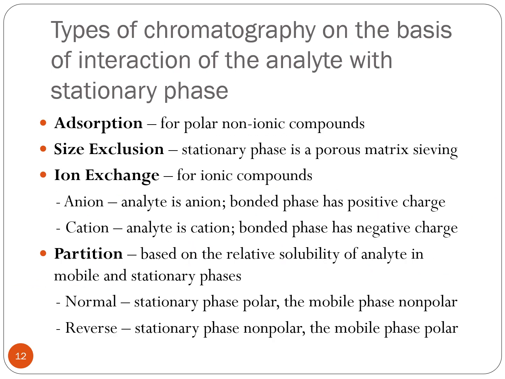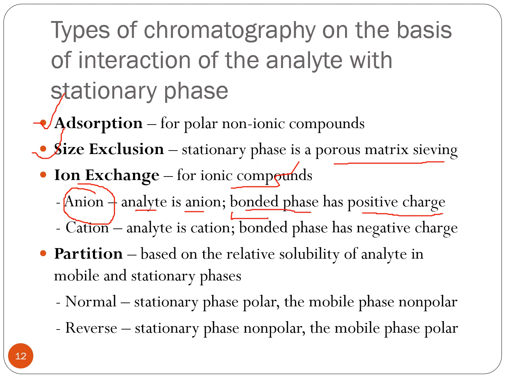Okay, type of chromatography on the basis of interaction of the analyte with the stationary phase. Okay, untuk adsorption for polar non-ionic compound. Untuk size exclusion, the stationary phase is a porous matrix sieve. Untuk ion exchange adalah untuk ionic compound. Okay, untuk anion exchange, analyte ataupun sampel kita adalah anion, and then the bonded phase has positive charge.